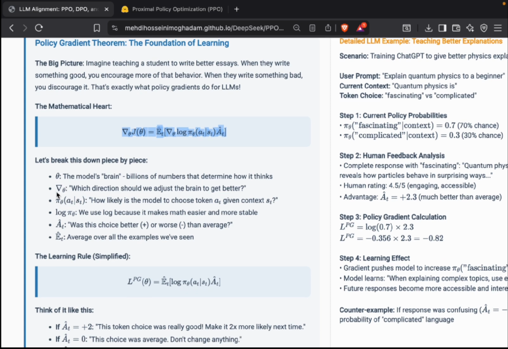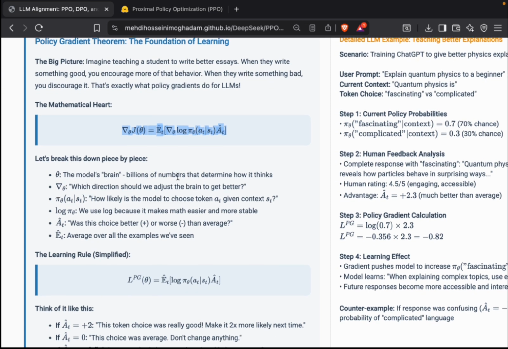A kind of analogy for this equation would be, just imagine theta is the model's brain, billions of parameters which we're trying to optimize. The gradient, which you might have guessed, is the direction that we're trying to adjust the brain, or the direction we're trying to move towards. The policy of theta is how likely the model is to choose an action given a context like s_t.